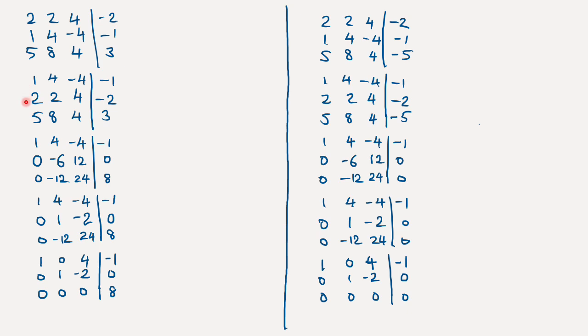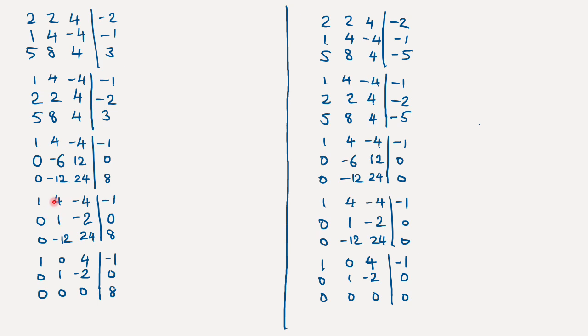For the second step, I'm trying to get zeros here and here, and so I'm subtracting 2 times the first row to get a 0 here, and then I'm subtracting 5 times the first row to get a 0 here. And if I do that, I end up with this system here.